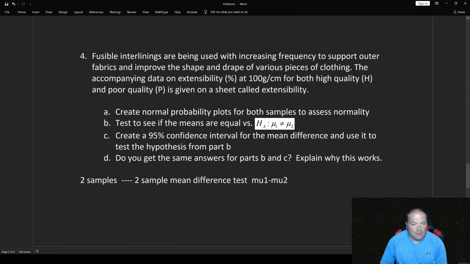Okay, so let's go back to this question. Part C was create the confidence interval, which we did. Use it to test the hypothesis from part B, which we did. We did find that they matched, thank God. And also think about this. They should never not match.